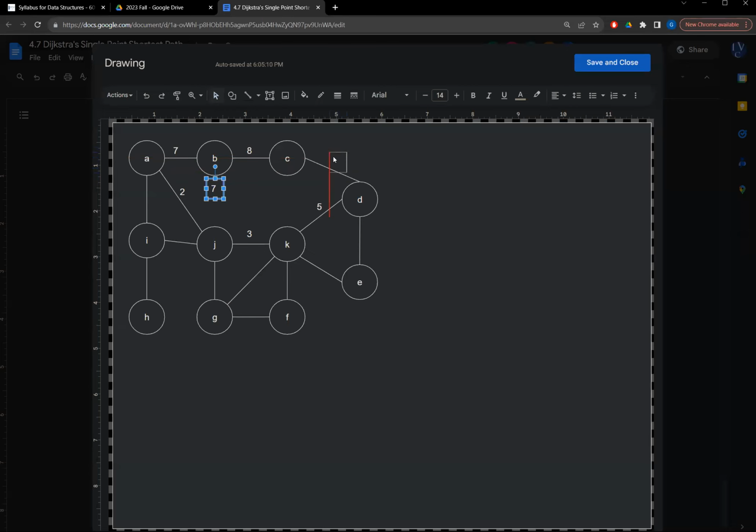Whenever we have greedy algorithms, they all follow the pattern of whenever there's a choice to be made, it's going to take what appears to be the best choice at the time, which is why we do have the requirement of non-negative weights.